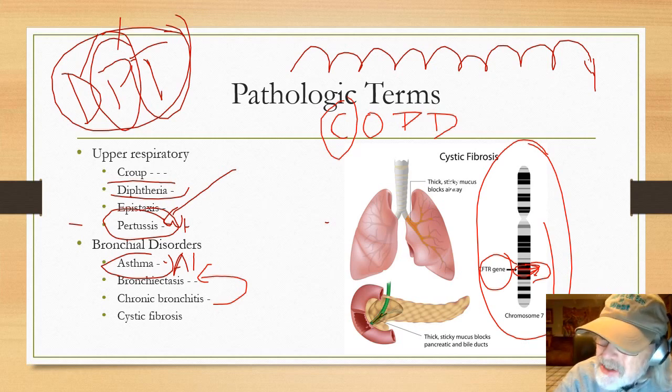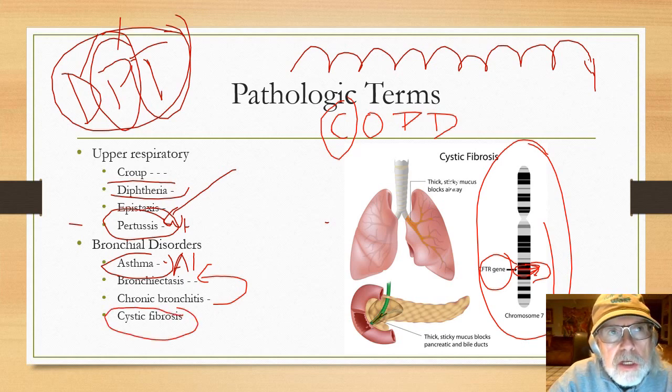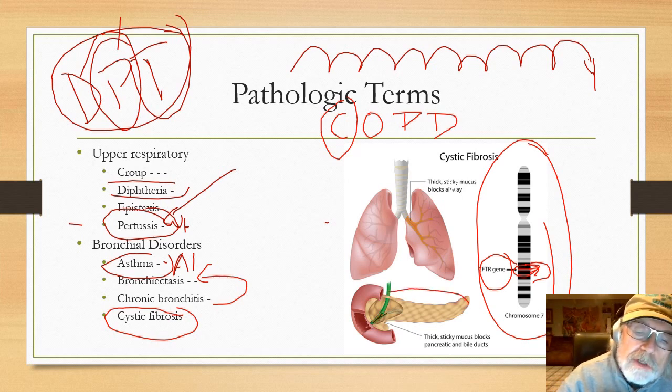What occurs with cystic fibrosis is that normally we have a normal amount of secretions that keep things moist and lubricated. People with cystic fibrosis, because of the problem with salt, develop a lot of thick, molasses-type secretions in the lungs as well as in the gastrointestinal tract.